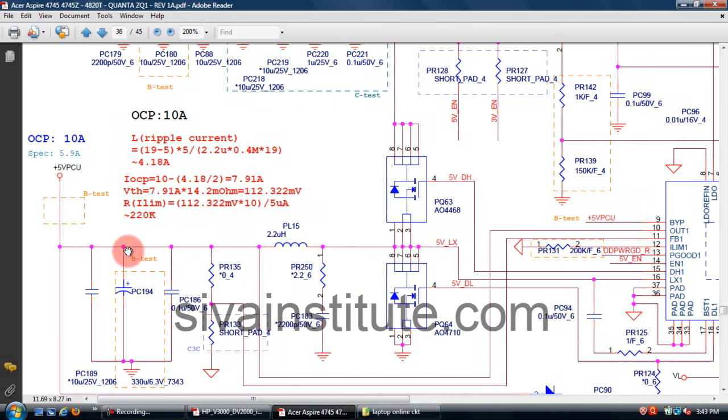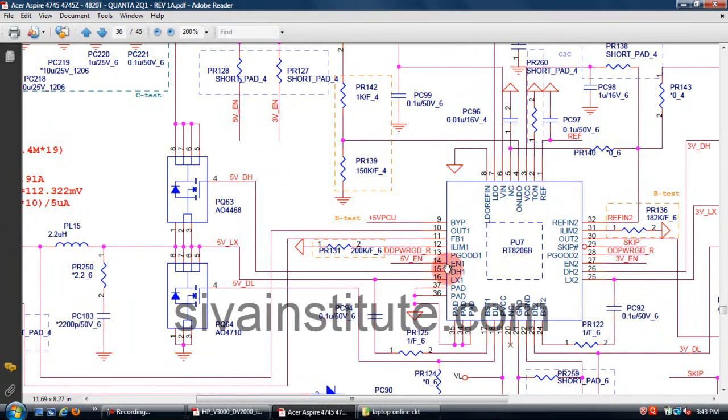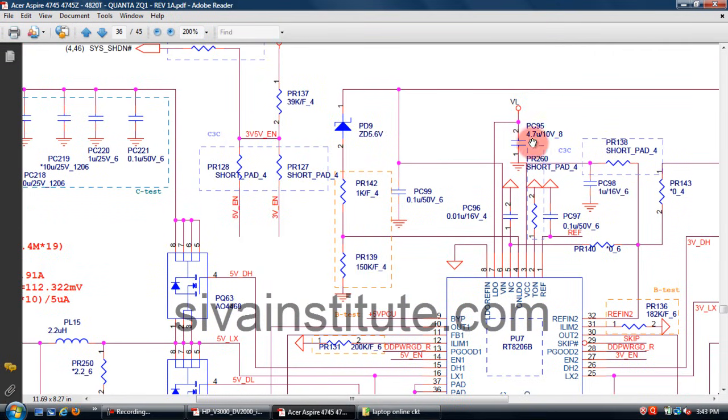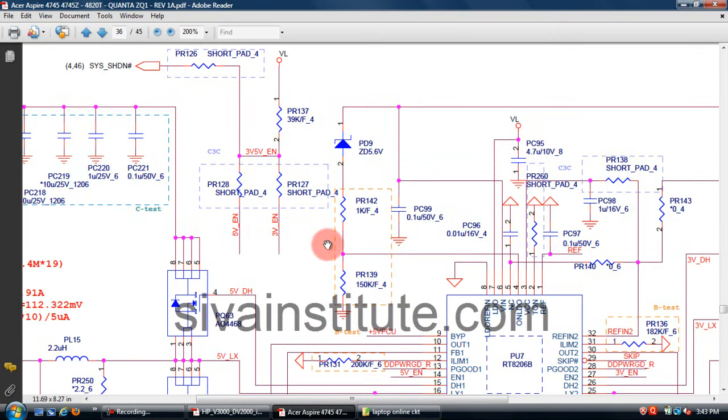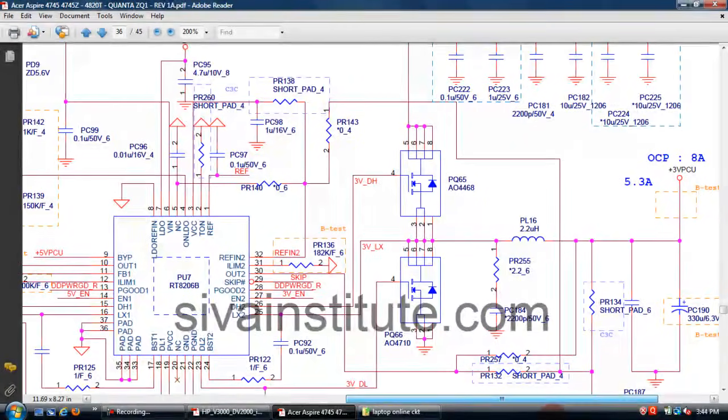So no voltage at this point. You should check the EN 1 pin. No voltage at this point. You should check the VL voltage from pin number 7, and this voltage comes from here to this place. This voltage comes to EN1, EN2. No 3.3 volts present here. You should check this enable 2 pin.